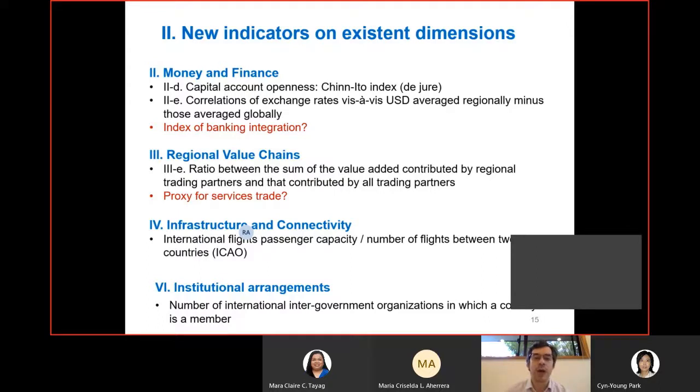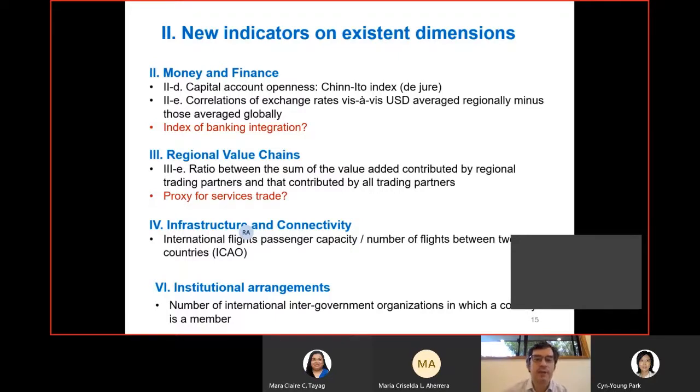One, to capture capital account openness, which is a standard indicator of financial openness, the Chinn-Ito index, which is a country or national data indicator.